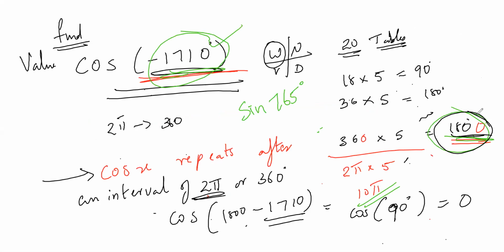No. The angle is coming closer to 1800. So 1710 and 1800, what is the difference? That's what I wrote here. Whichever value you are getting closer to, subtract from that or add to that. Simple thing. Once you do one or two questions, we will be familiarized with this. Clear?